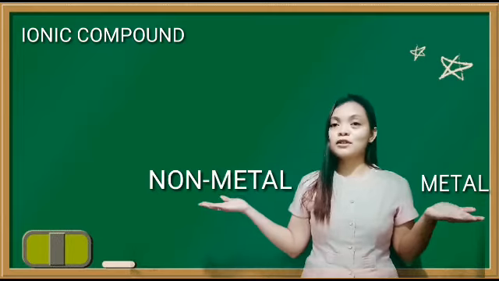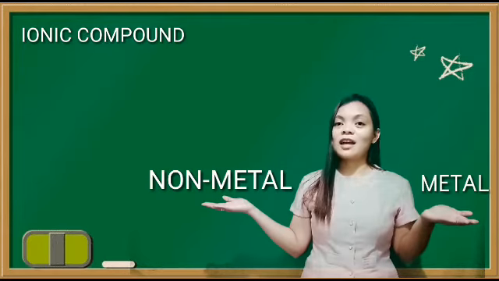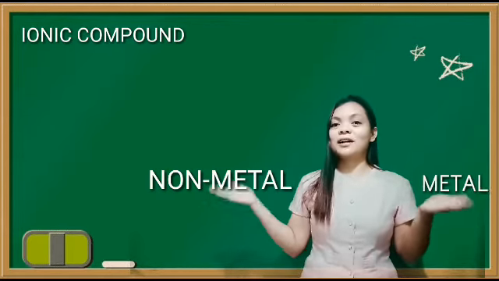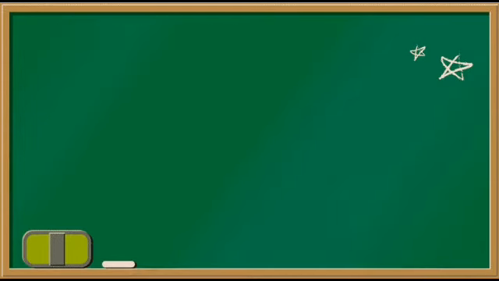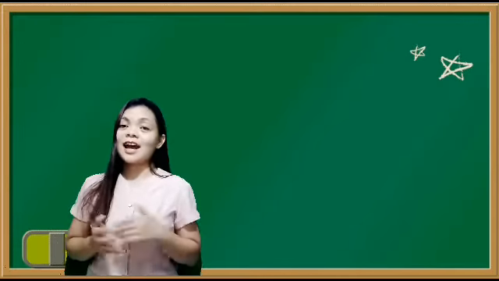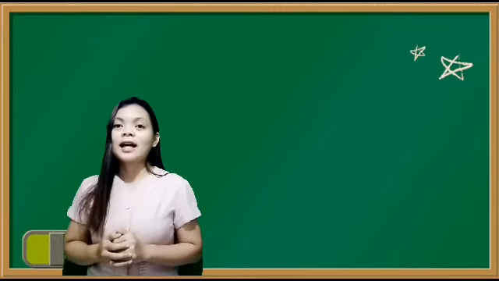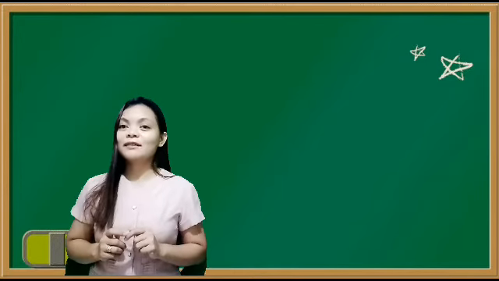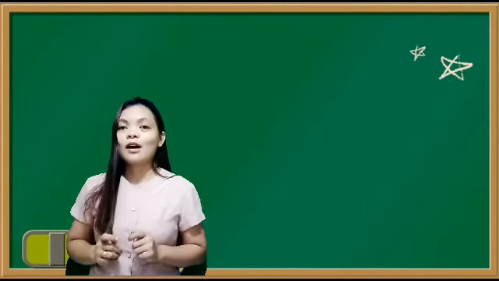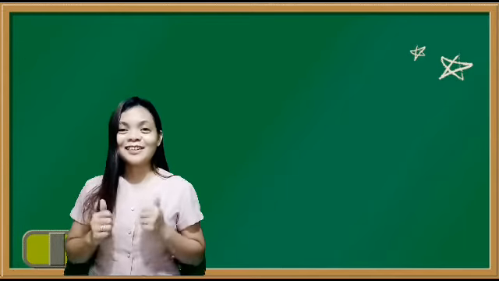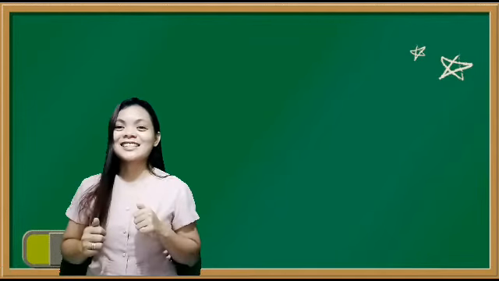Positive and negative result in attraction, therefore forming the ionic bond. To further understand how ionic compounds are formed, let's get into the molecular or atomic level of ionic bonding. Are you ready? Let's watch.